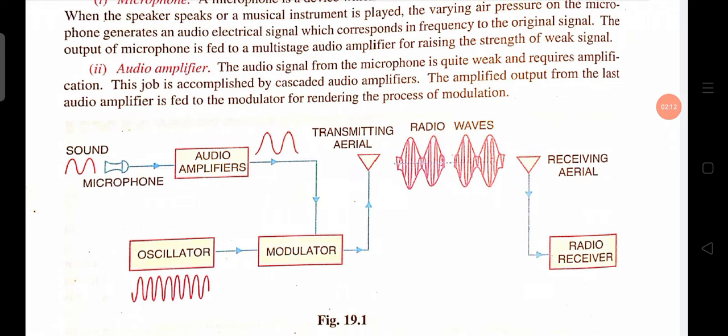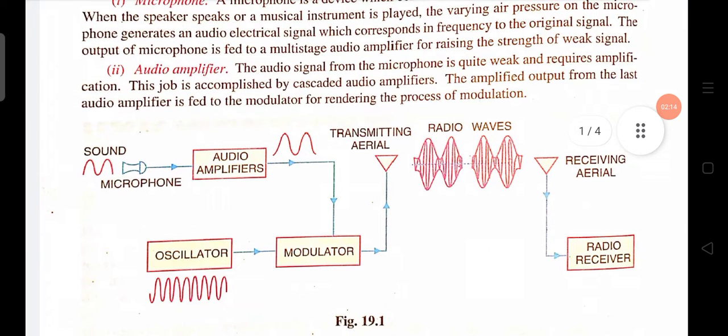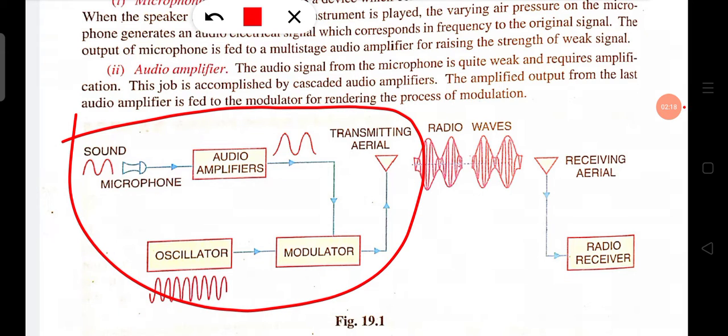Now let us discuss part 1, the transmitter. How many parts does the transmitter have? One is the microphone, one is the audio amplifier, one is the oscillator, one is the modulator, and one is the transmitter aerial or transmitter antenna.